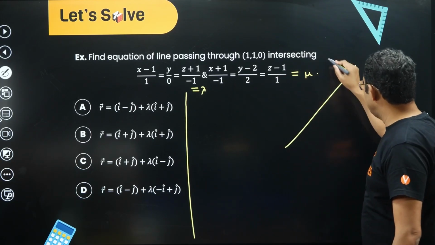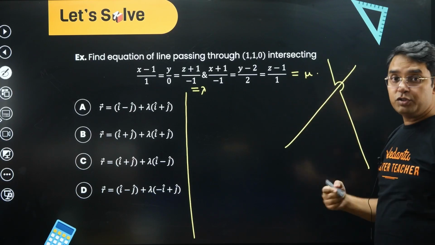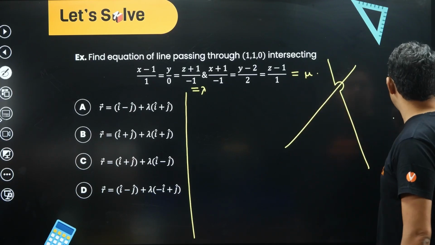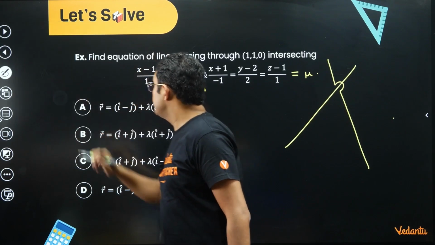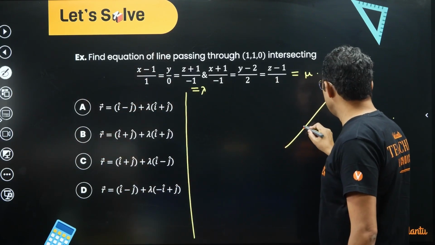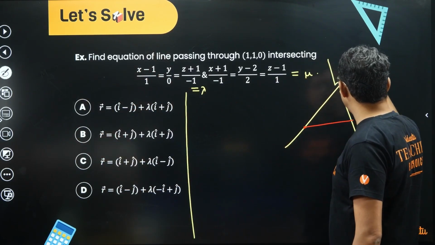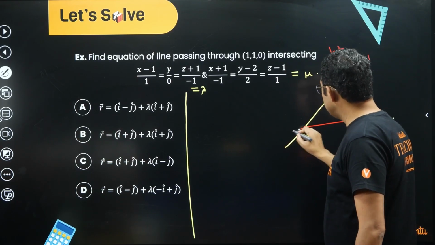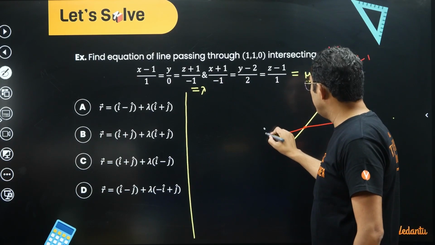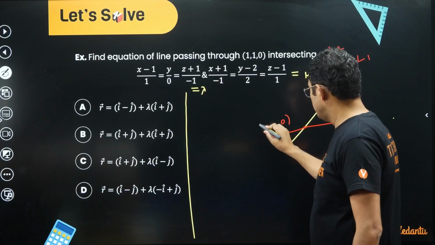These two lines may be skew, I do not know, so I will make a general diagram here. We are looking for these two points, let's say one point on line L1 and one point on line L2, and this is coming from this point 1, 1, 0.